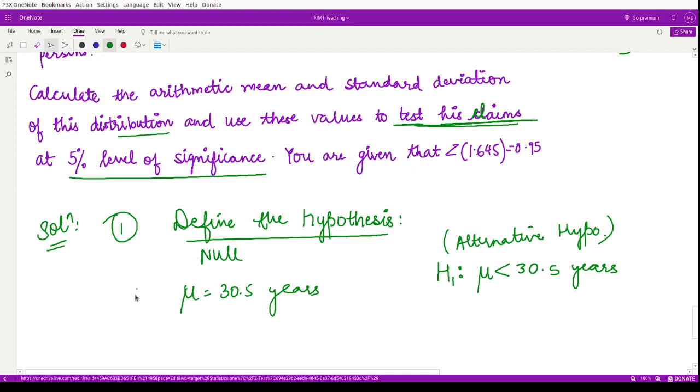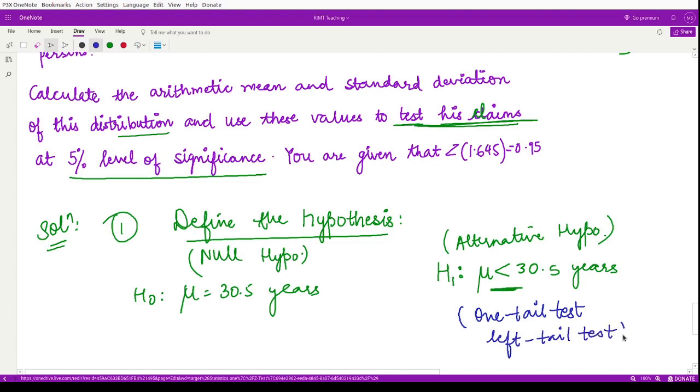So this would be your null hypothesis, exactly equal to 30.5. Because you may see this less than sign, from here you may directly write this to be the one tail test. And which tail is it? It is the left tail test. Right? So this much information we have.